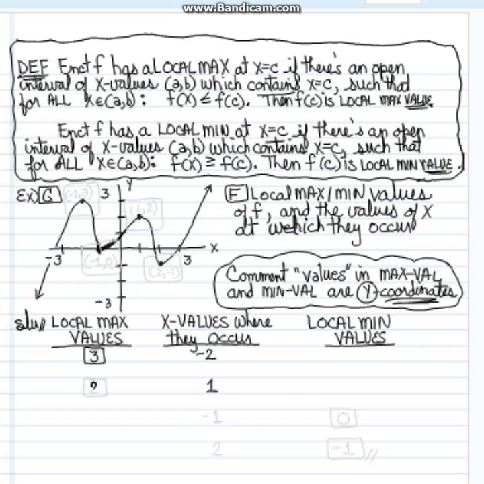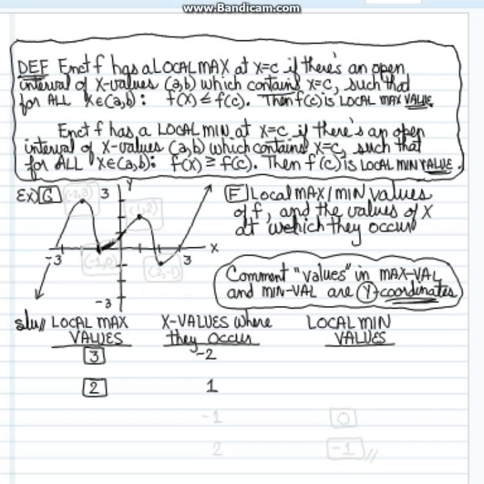Similarly, at x equals 1, go up and look at the relatively tall point at y equals 2. You could draw a neighborhood around the ordered pair 1, 2, and that value 2 is the tallest value of all the points in that neighborhood.